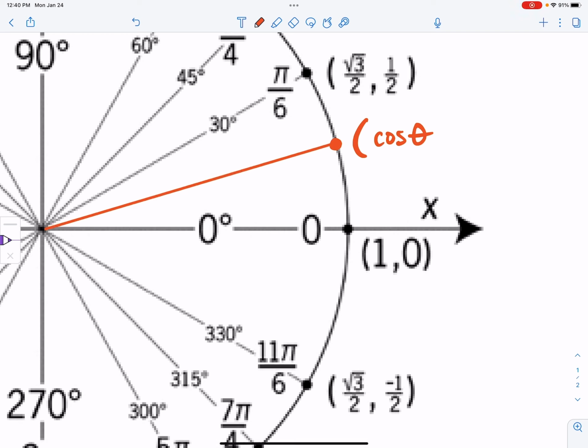So the angle whose terminating side passes through that point on the unit circle. So like if that's the angle theta, the x-coordinate would be cosine of theta, and the y-coordinate would be sine of theta.